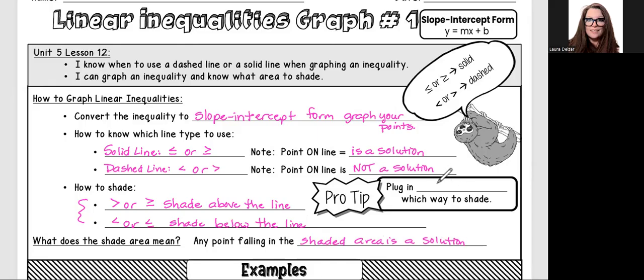And we can actually test points. So I've got this pro tip here. You can plug in a nice easy point, like the common easy point is 0, 0. And when you test with this, it'll tell you which way to shade. So you can plug in 0, 0 to test. And I'll show you what this looks like when we go down and we graph some equations.